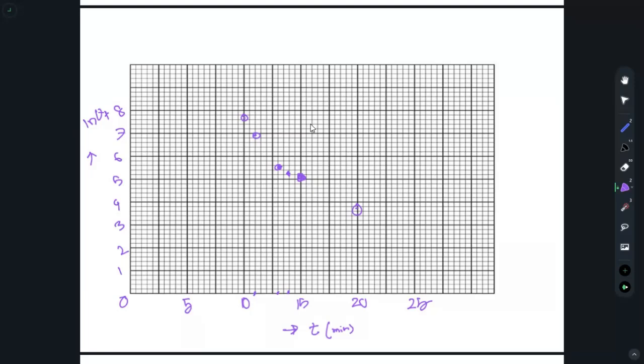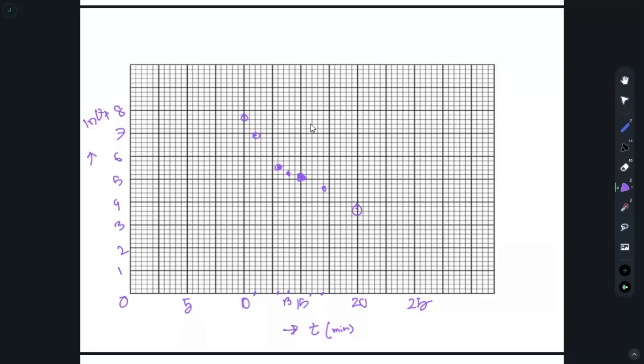We'll not draw more points, but let's draw a few more. We have drawn 15. Let's say for 17, we get a value of 4.5. So this is 4 and this is 4.5.